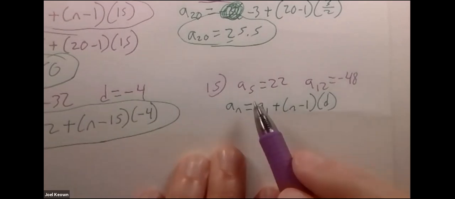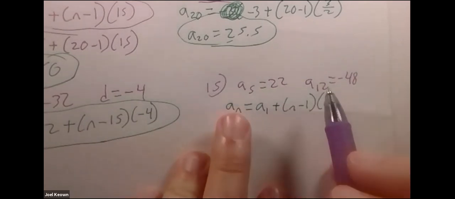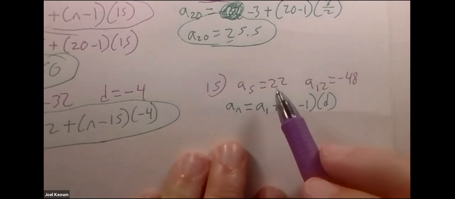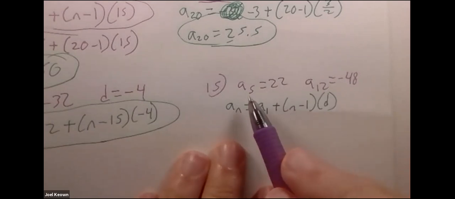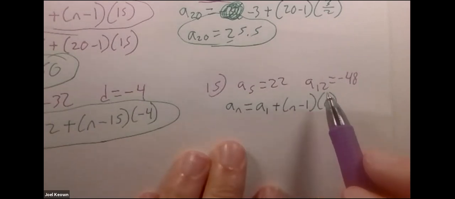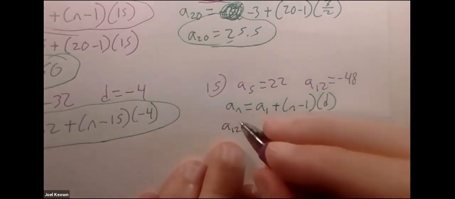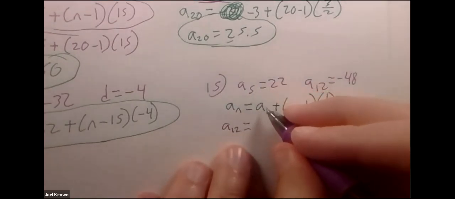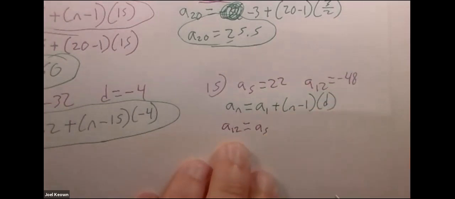I don't have a sub 1. I have a sub 5 and a sub 12, and I need to use both of them. Well, let's look at the 5 and 12. Which one of those numbers is larger? Well, 12 is larger. So I'm going to put a sub 12 here, a sub 5 here. I don't think it actually matters if you use the larger or smaller. I just do.